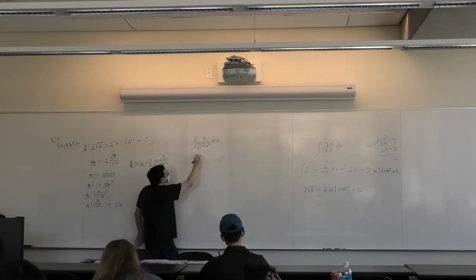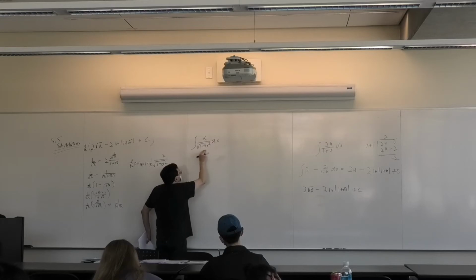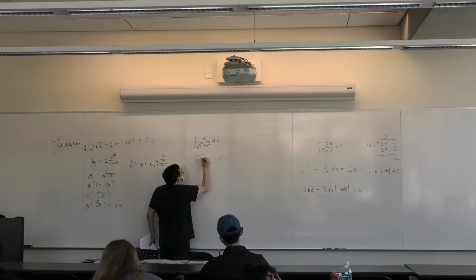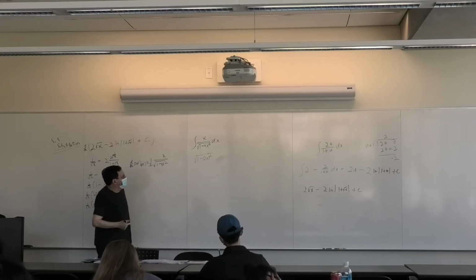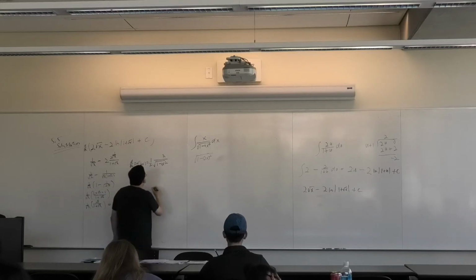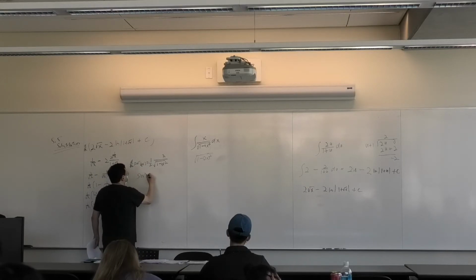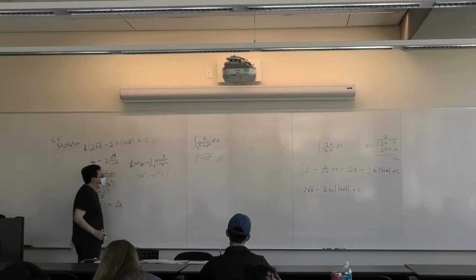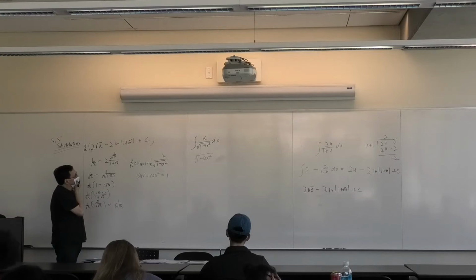However, this construction here, 1 minus the square of something, that's really 1 minus 2x squared. That should make you think of the Pythagorean identity. How's that going to work?